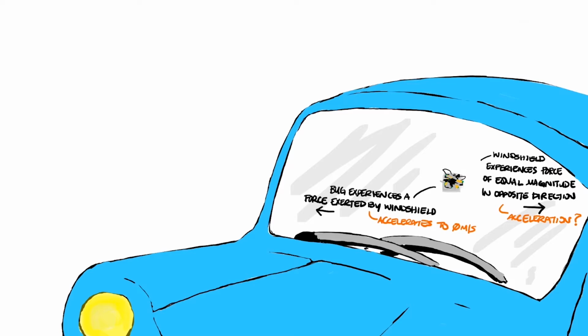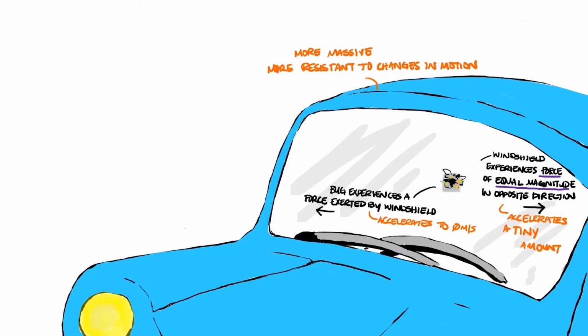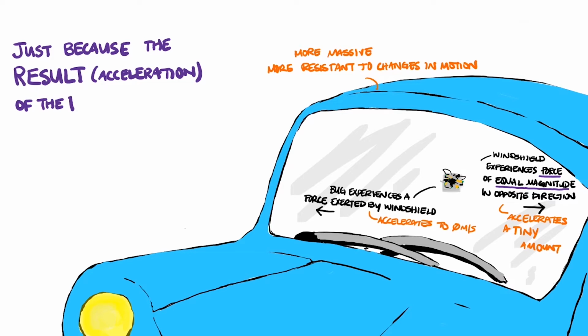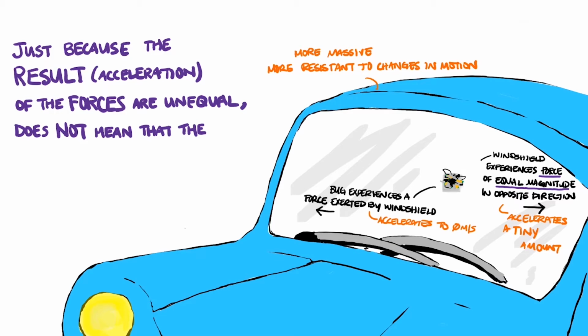The car is so much more massive that it has so much more resistance to changes in its motion, that it doesn't accelerate nearly as much as the bug, even though it experienced the same magnitude of force as the bug. So be careful. Just because the result, acceleration, of the forces are unequal does not mean that the forces themselves are unequal.